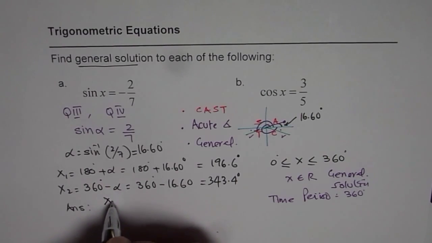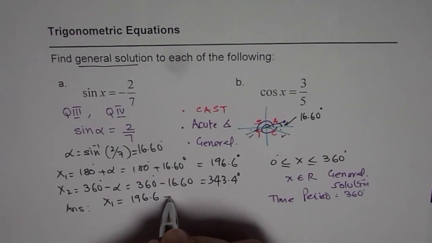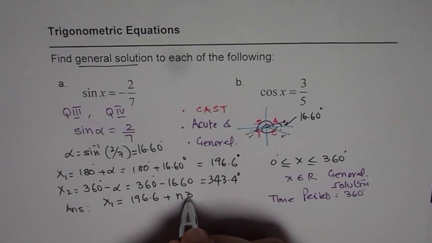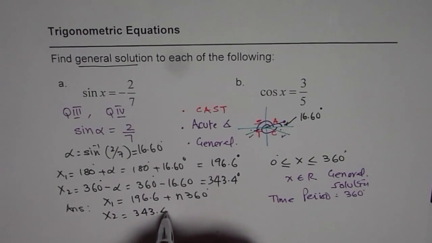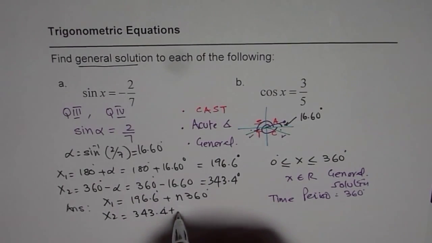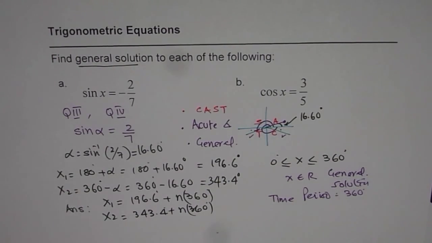The first one is x1, which equals 196.6 plus n times 360 degrees. The other one is 343.4 degrees plus n times 360 degrees. You can write it like this, or you could also write 360n. That becomes your general solution.